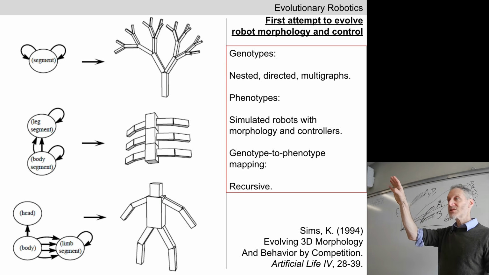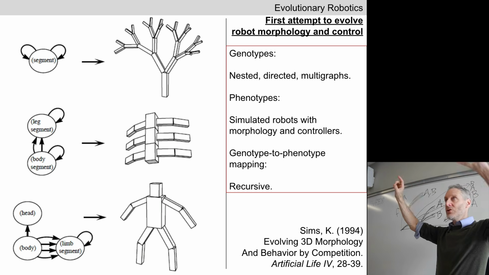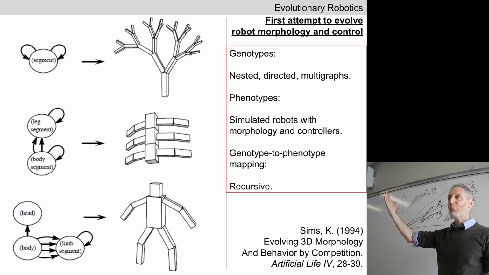In your case, your genotype is a vector of floating point numbers. You translate that into a phenotype, which is a set of labeled synaptic weights sitting inside your virtual robot. And then, like Carl, you evaluate the fitness of that robot, and that fitness value gets assigned back to that genotype, that string of numbers.